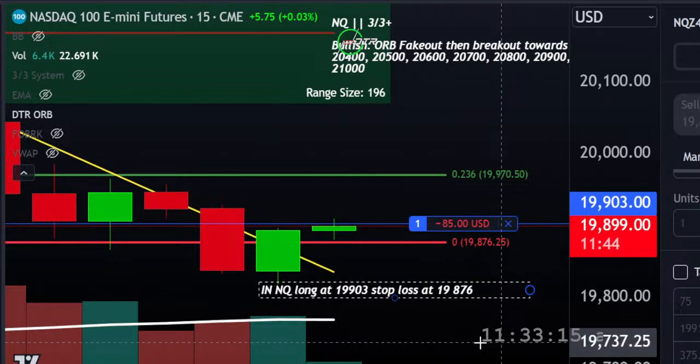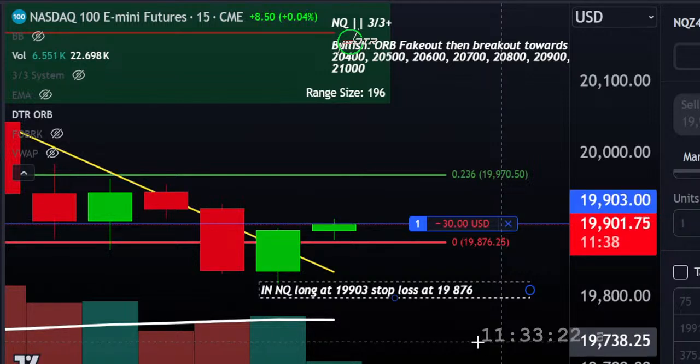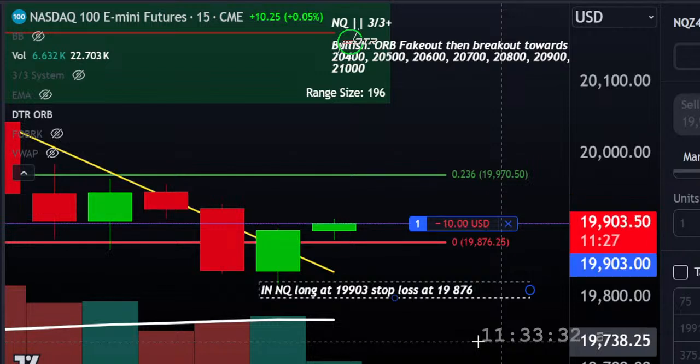Love to see an aggressive separation away from this 900 area. Let's see if it can go. Just a little bit early on my entry, which I don't like.